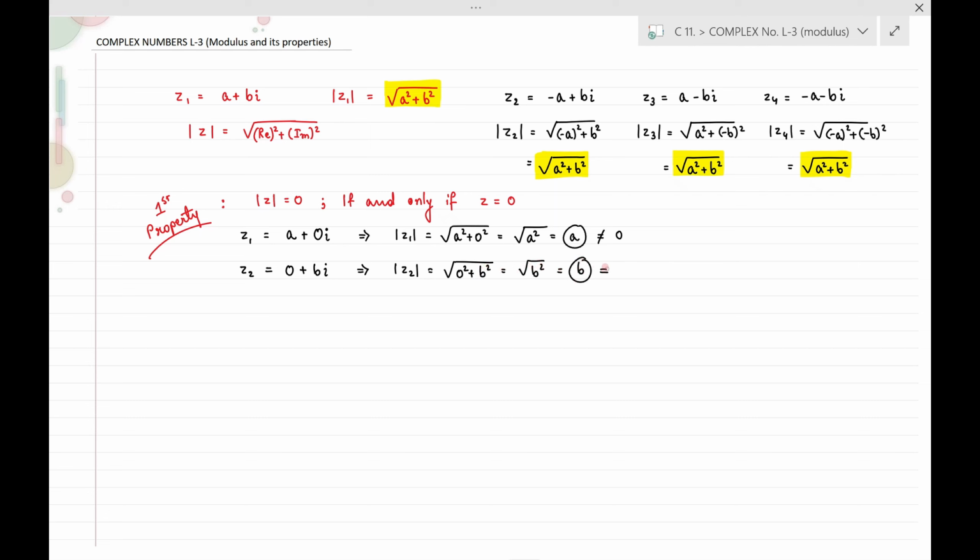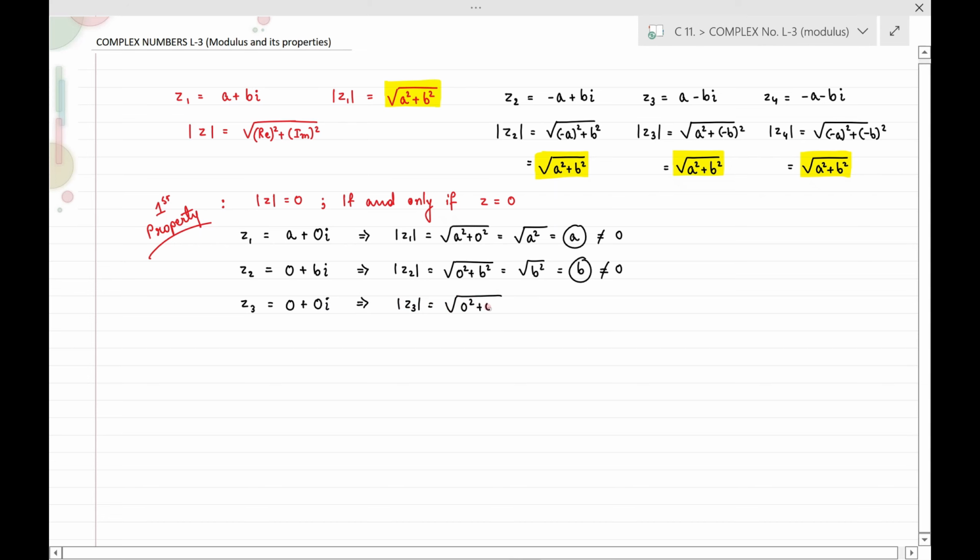Now let us consider the final situation where both the parts, real as well as imaginary, are 0. In this case, if we find out the modulus of this complex number, it will be 0 square plus 0 square under root, and that is equal to 0.